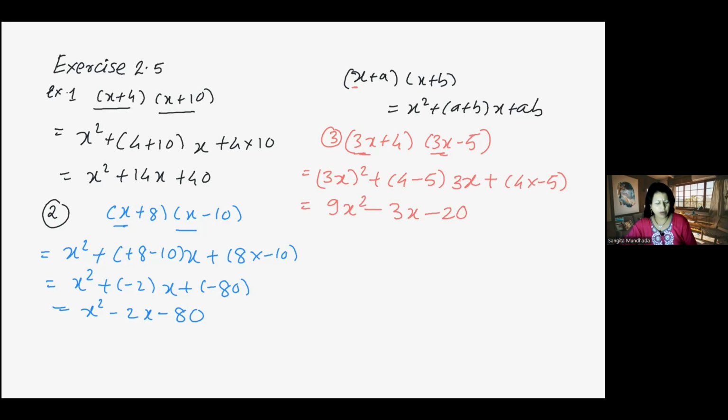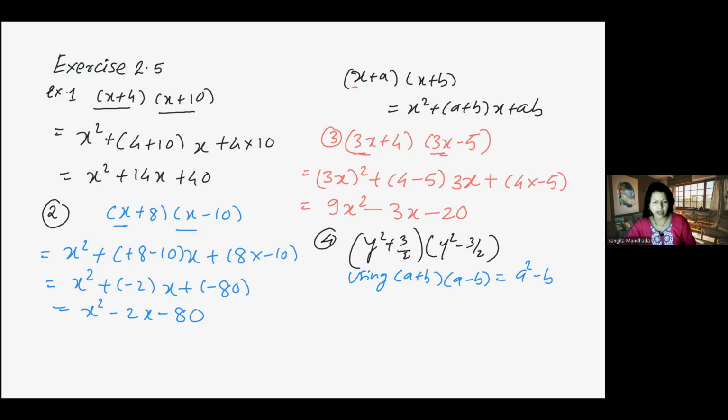Then question number 4, (y square + 3/2)(y square - 3/2). Here, using the identity (a + b)(a - b), you will get the product a square minus b square. So in place of a, y square, in place of b, 3/2. So it is equal to (y square) square minus (3/2) square.